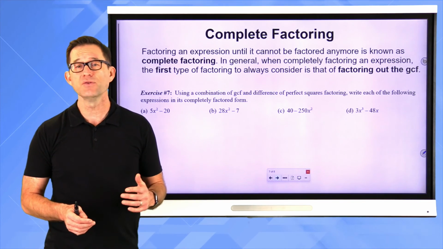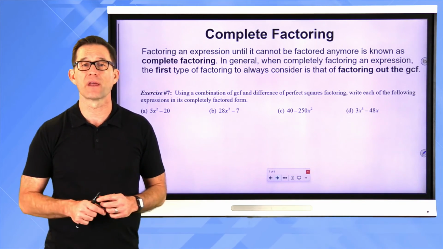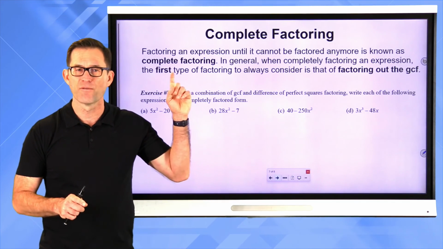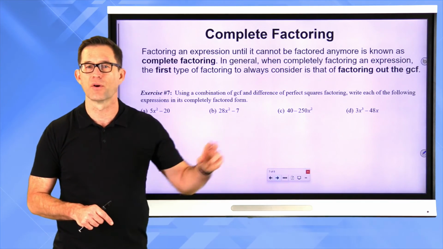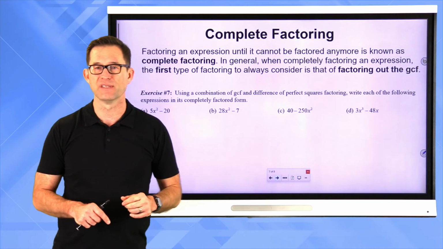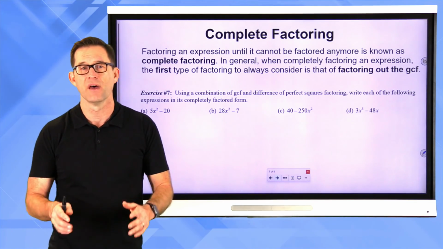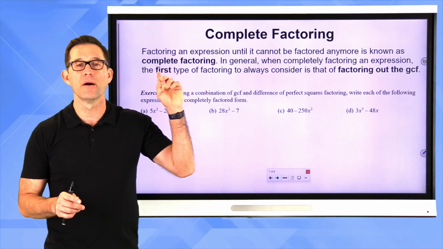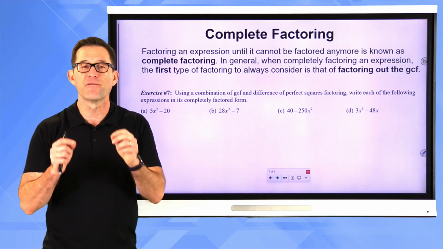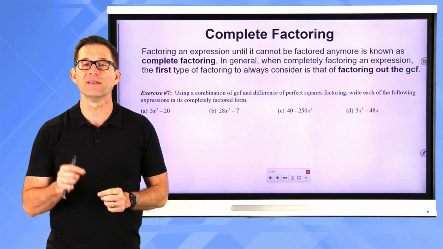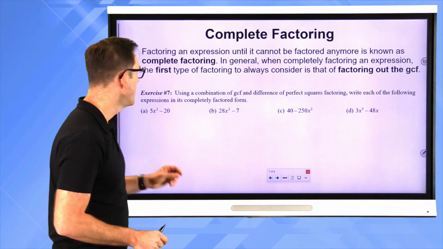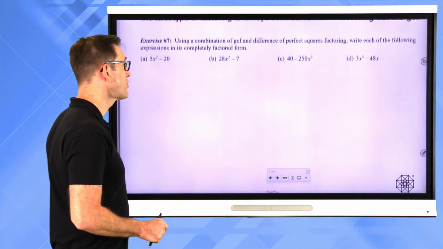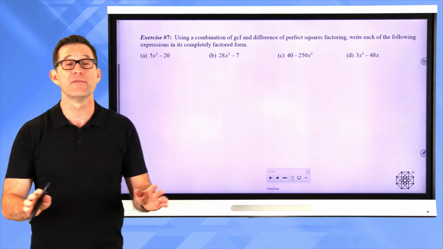In general, when completely factoring an expression, the first type of factoring to always consider is that of factoring out a GCF. So if you ever see a problem that says factor the following completely, the first thing I want you to always look for is a GCF, because if there is one and you factor it out first, it will make your life easier in the long run.